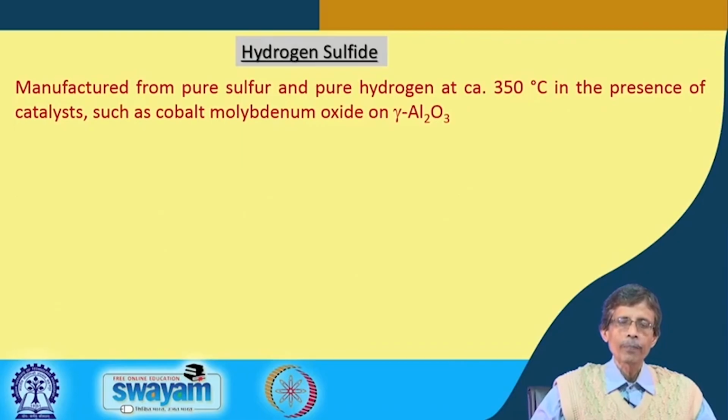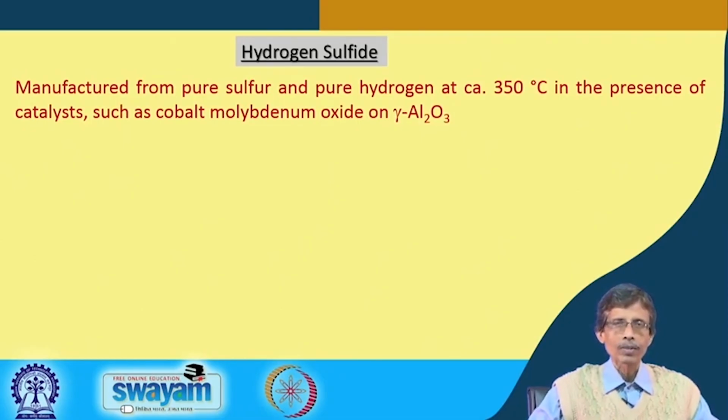So, that hydrogen, whether you are getting it through in situ generation or from cylinders or from any other source, reacts at a temperature of 350 degrees centigrade in the presence of a catalyst. You require some catalyst for that particular conversion, that means for the reaction of hydrogen gas with elemental sulfur. What is that? It is nothing but cobalt molybdenum oxide.